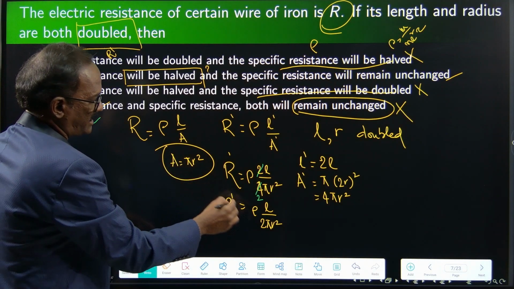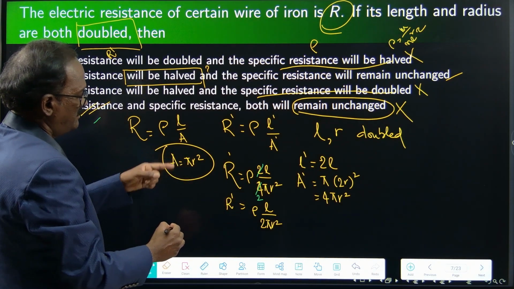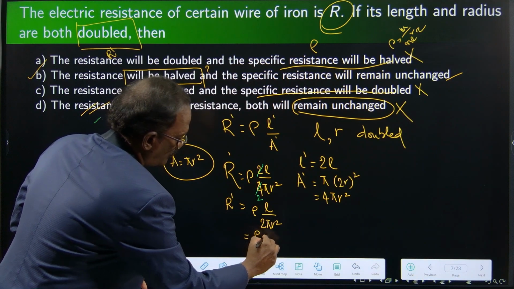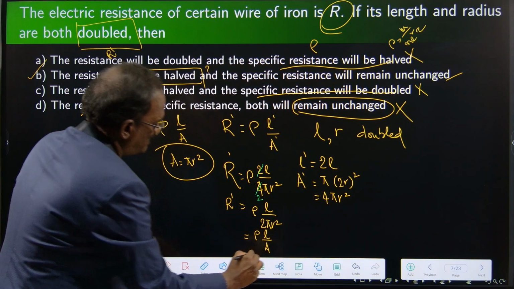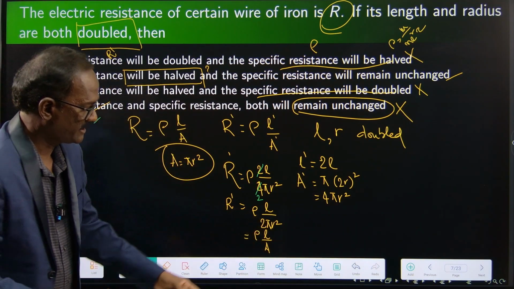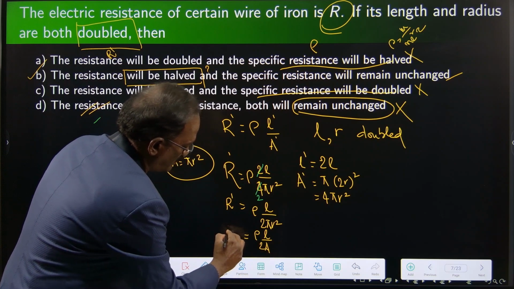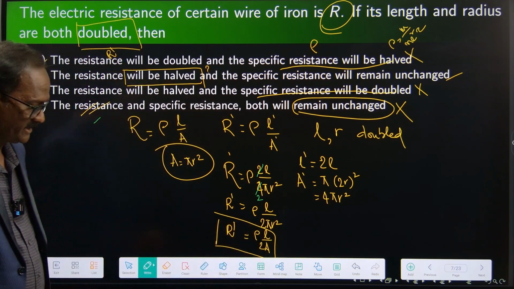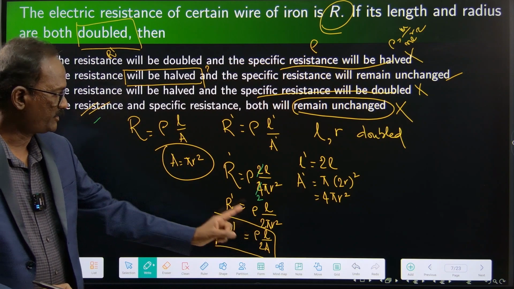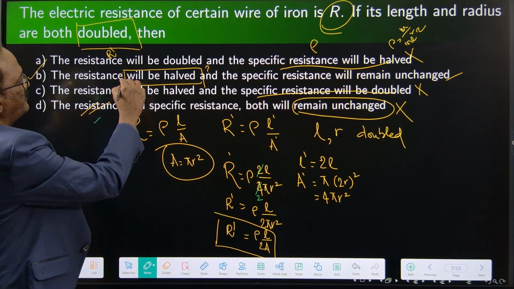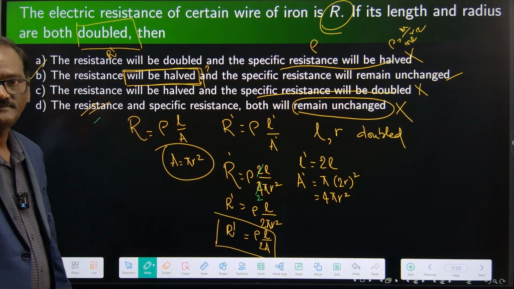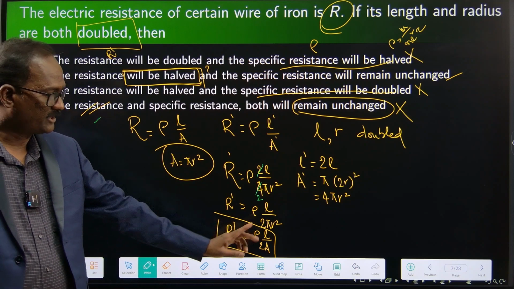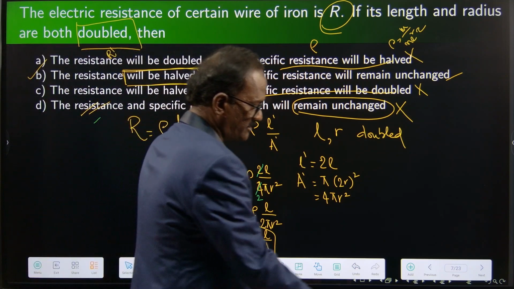So instead of pi r square, I can write A. This is 2A. So the new value is rho L by 2A, right? So the resistance will be halved. R dash is equal to rho L by 2A. So this is the proof.